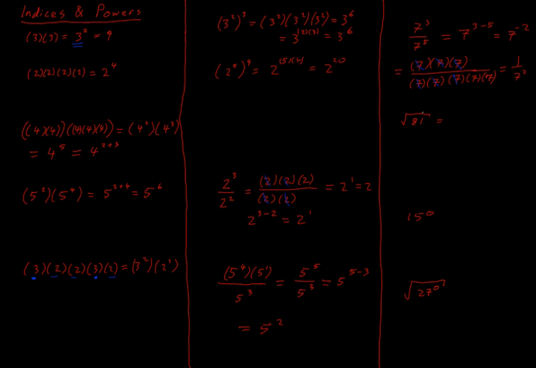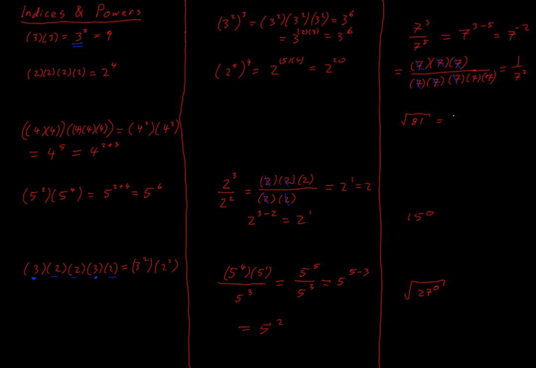Now, our next idea. This is called a square root, and it's the opposite of squared. So we started out with 3 squared here was 9. This is the opposite of something squared. This says, what number would I multiply by itself to end up with 81? And that would be 9.